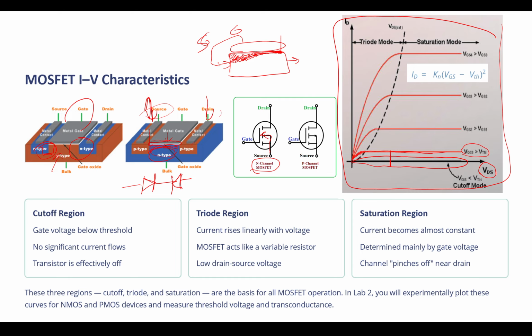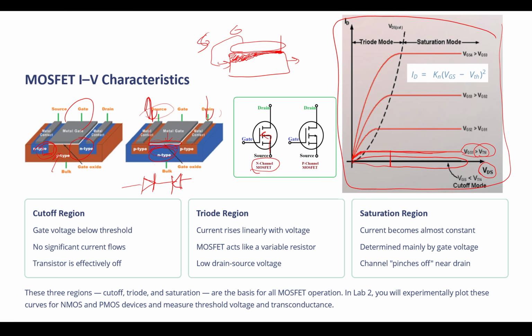Does that make sense? So I need at least a certain amount, a threshold, so I make sure that I have a channel through the semiconductor. So that means for VGS, I have a certain threshold that I have to meet so I can exit the cutoff region.